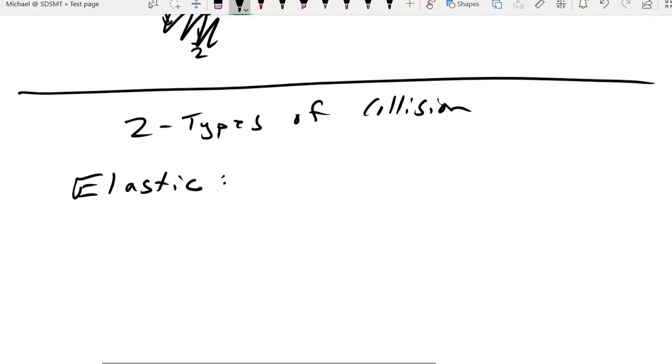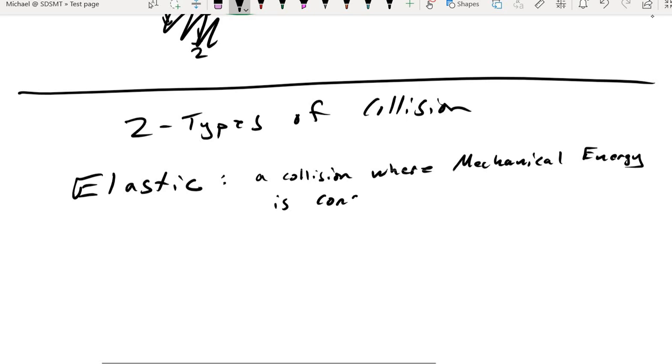And an elastic collision is a collision where mechanical energy is conserved.